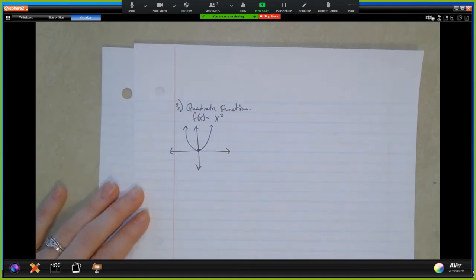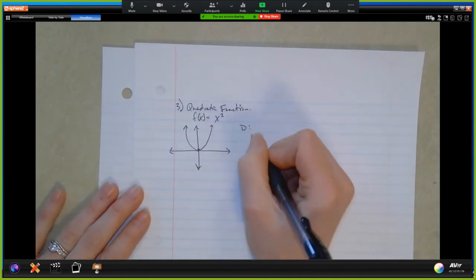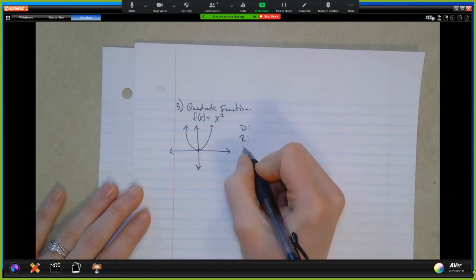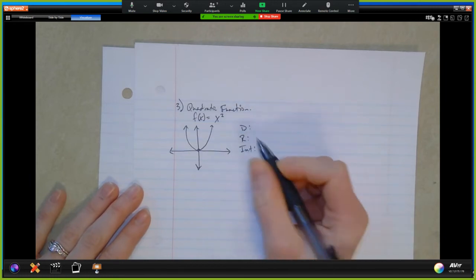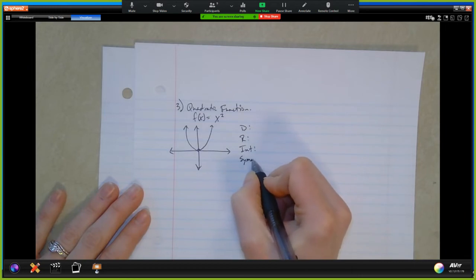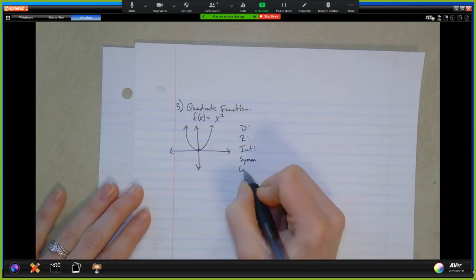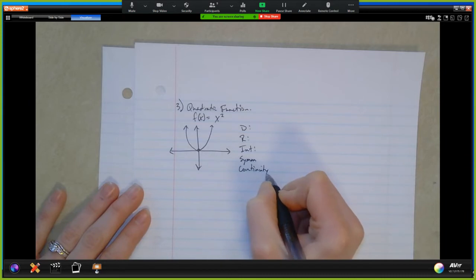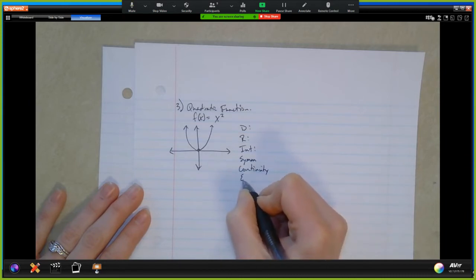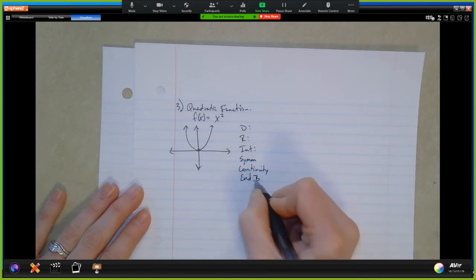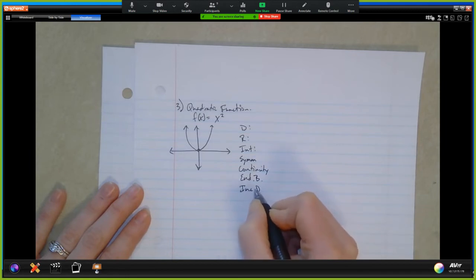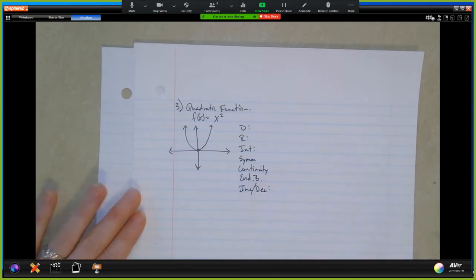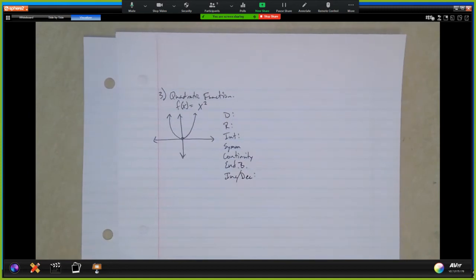at the origin, right? So then domain, range, intercepts, symmetry, continuity and behavior, and increasing or decreasing are the different characteristics we want to be able to describe from the graph of the parent function, and part of it we could be using the graph to think about it, right?